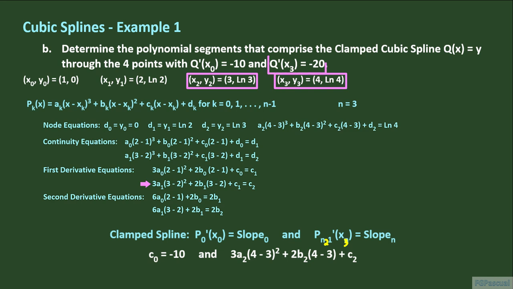Slope sub n is given to be minus 20. And so we have another complete set of equations.